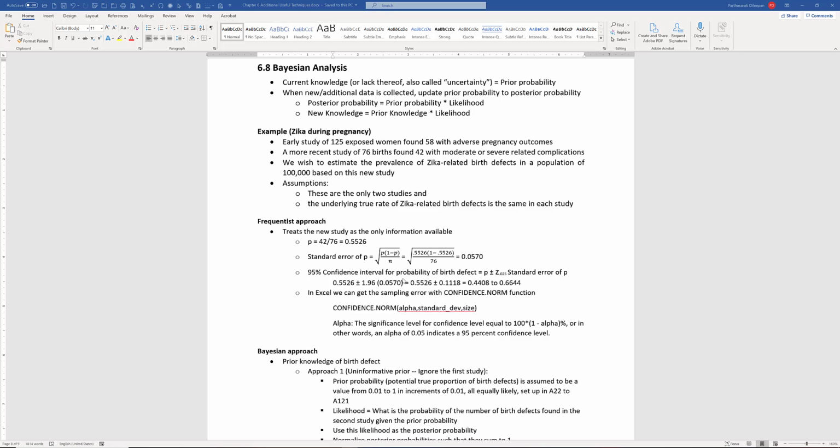This part is the sampling error, and p plus or minus that sampling error gives you the confidence interval. So if you multiply these two probabilities by 100,000, you get a range of how many babies in the population will have Zika-related adverse outcomes.